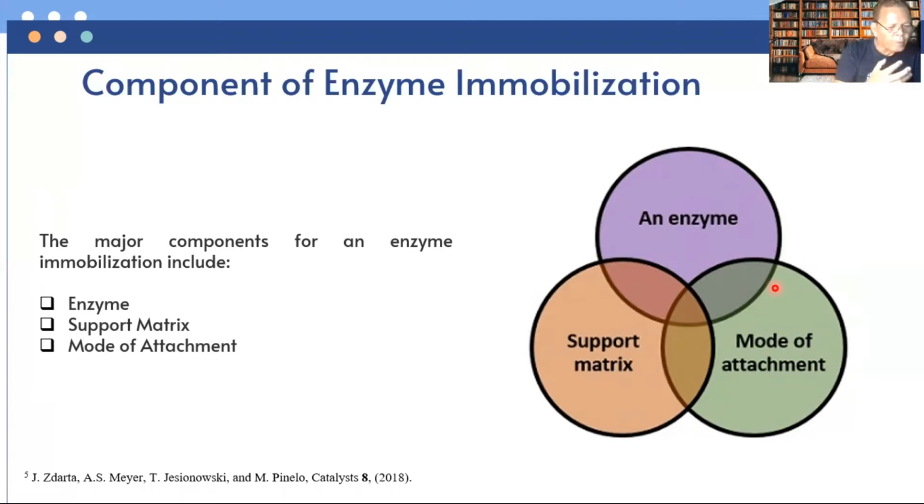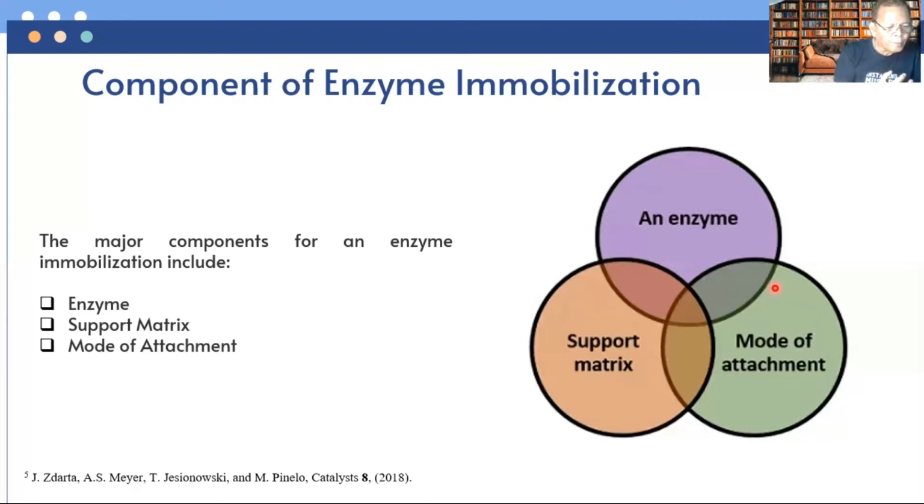Support matrix is a material which facilitates the imprisonment of the enzyme. A support matrix must have the following properties that we have discussed below for efficient immobilization. Then the mode of attachment.